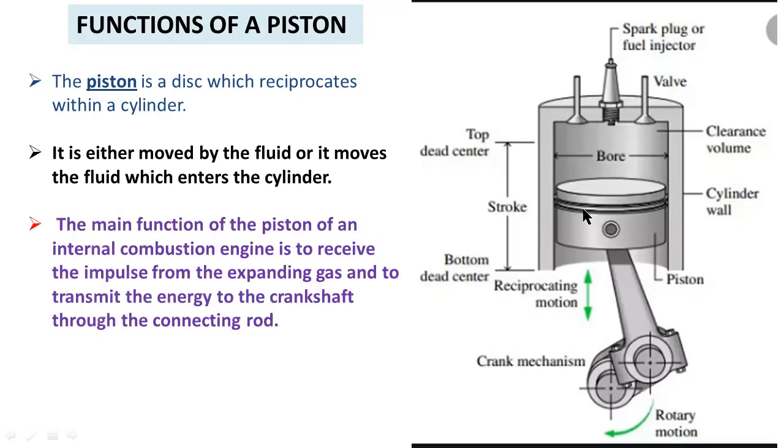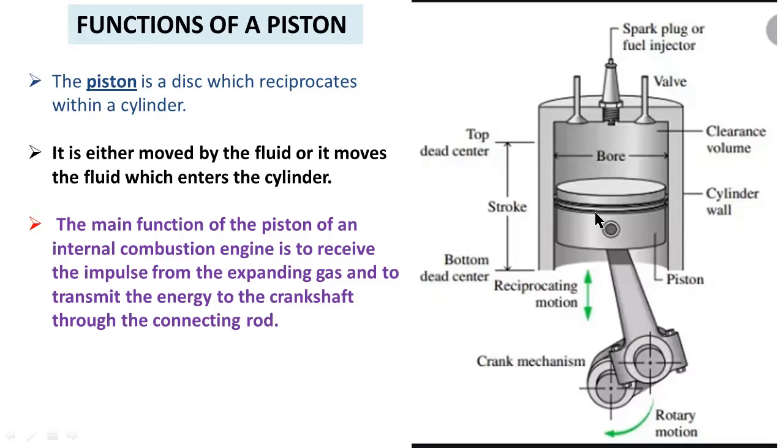The main function of the piston of an internal combustion engine is to receive the impulse from the expanding gas and to transmit the energy to the crankshaft through the connecting rod. So this is a crankshaft and this is a connecting rod.